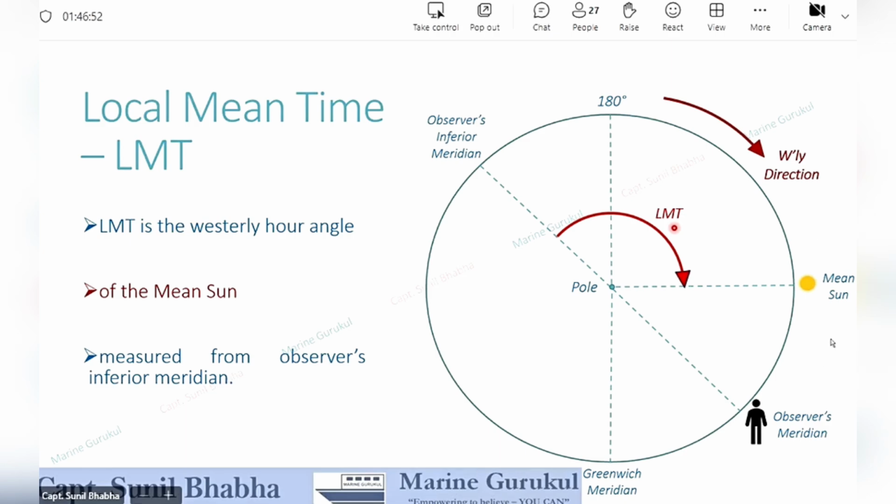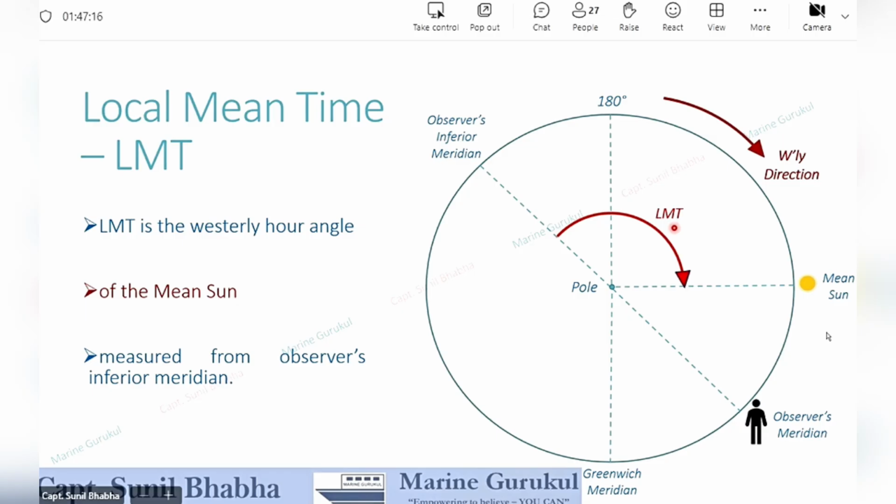This can be denoted in an angular unit, that is degrees and minutes, but the normal mode in which we denote time is in hours, minutes and seconds. How to convert the angular unit to hour unit? We know 15 degrees of angle is equal to 1 hour. How did we get this conversion figure?